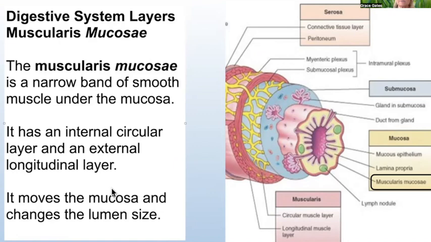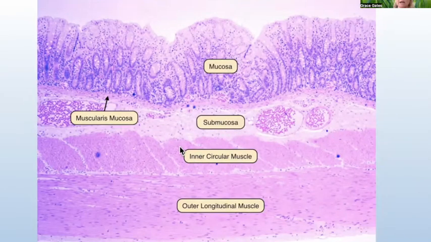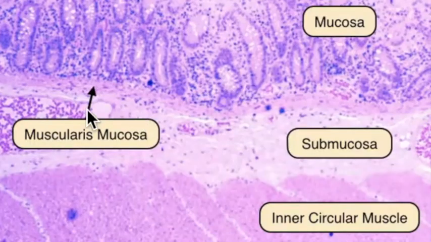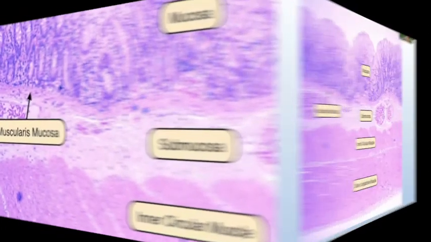The muscularis mucosae moves the mucosa and changes the size of the digestive tract lumen. And here's a nice big histology picture showing you the mucosa, which is epithelium with underlying lamina propria, and then the muscularis mucosae right underneath it. You can refer back to this.